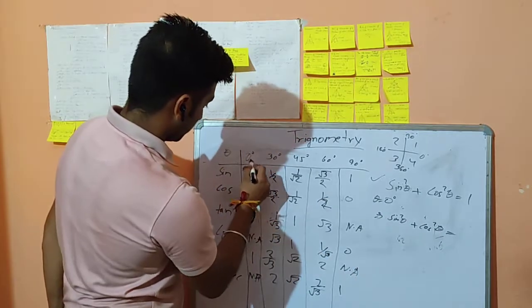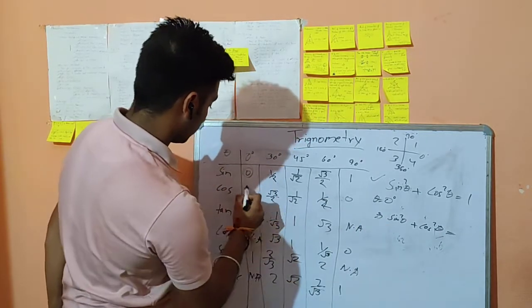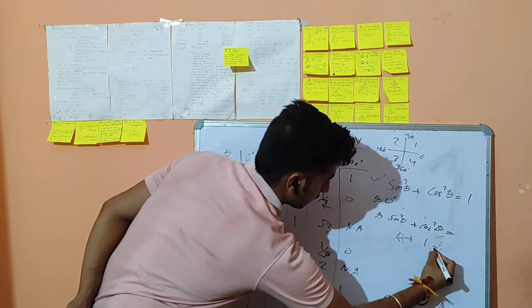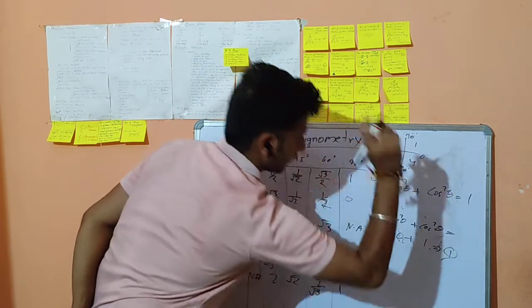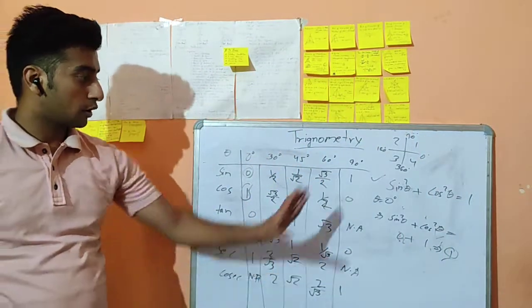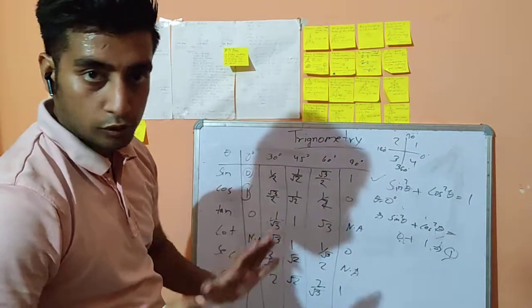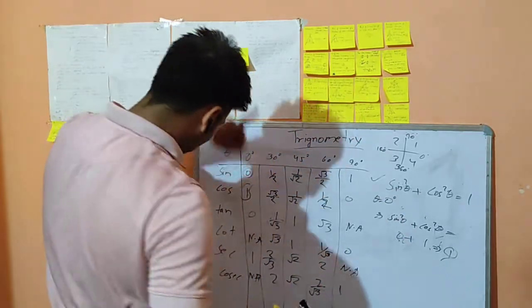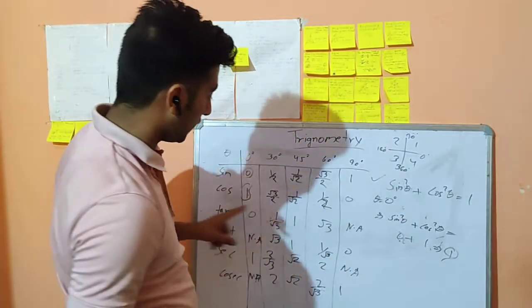Sine 0 is 0, cos 0 is 1. So 0 plus 1 is 1. Identity proved. LHS is equal to RHS. Very easy.